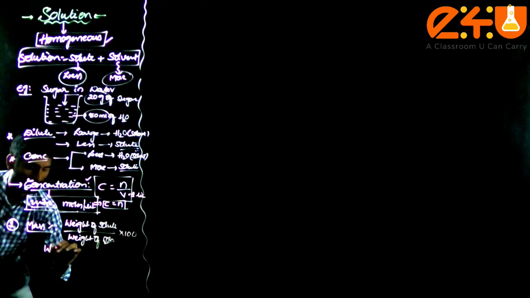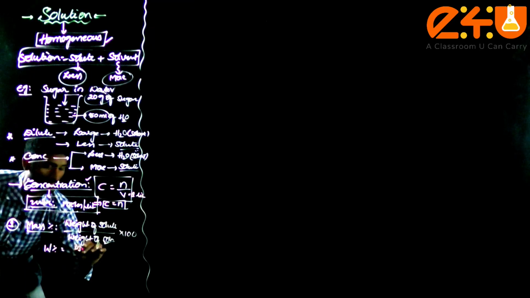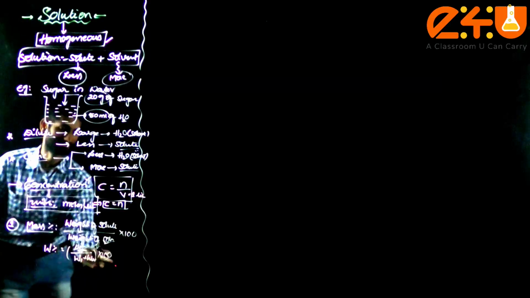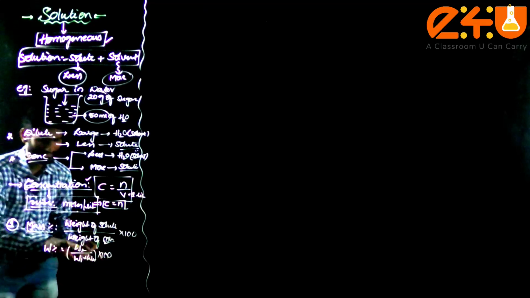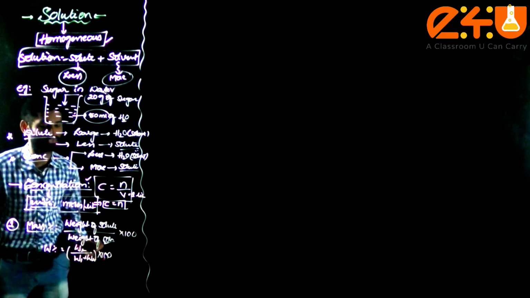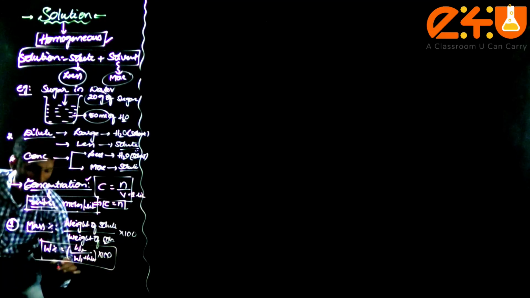Generally how do we represent it? Weight percentage or mass percentage is equal to W2 divided by W1 plus W2 into 100. This is the mass percentage. Understand? That means the weight or mass of the solute dissolved in 100 grams of the solution is known as weight or mass percentage. Next, what are the units?